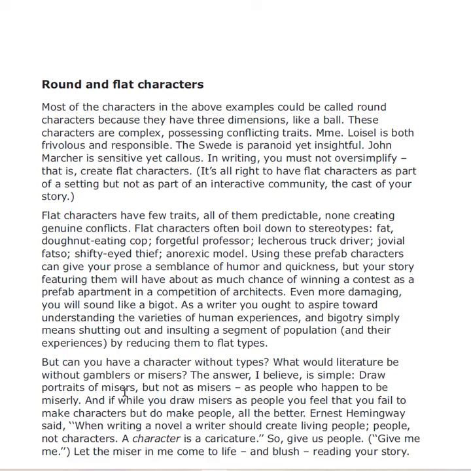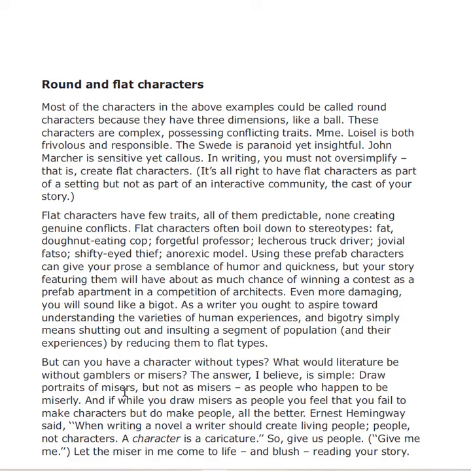But another use of flat characters, besides what they say here, is that flat characters can be used in contrast to the round character. So while the round character changes and evolves throughout the story, the flat character remains the same. For instance, in Star Wars, Yoda remains the same. He's wise, he's old, and meanwhile it's the young character that evolves.